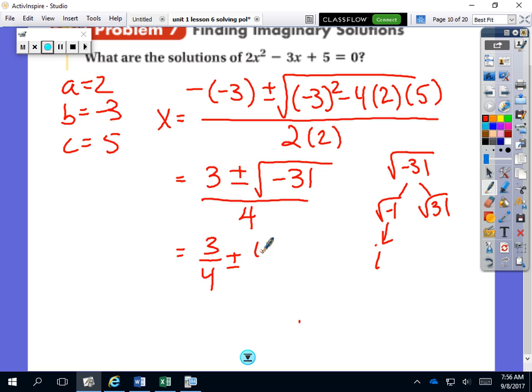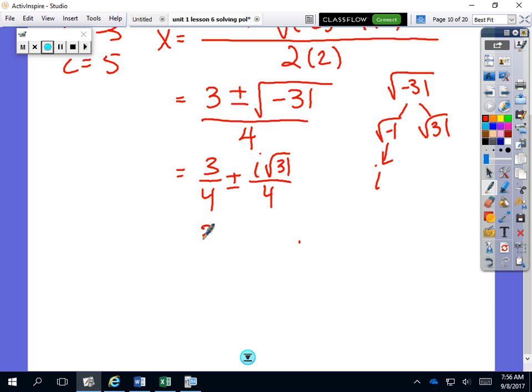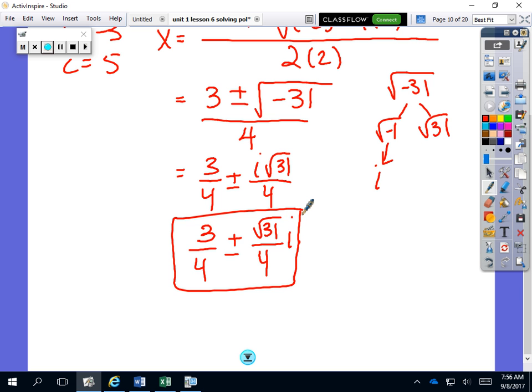So this is going to be i square root of 31 over 4. The only thing you have left to do is to move that i, because the i always goes last. So 3 over 4 plus or minus square root of 31 over 4 times i. So your answer is that.